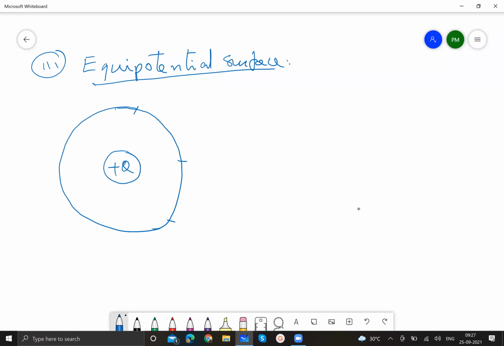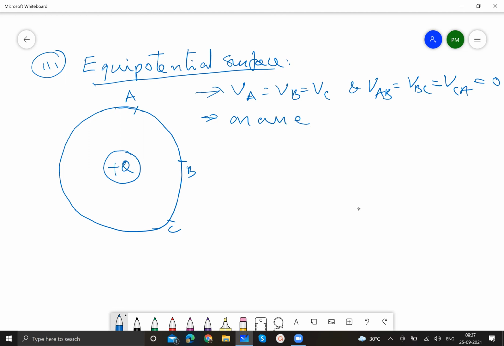So if you consider the points A, B, C on it, then the first and fundamental point is the electric potential at every point on this surface will be same, and potential difference across any pair of points will be zero, and on an equipotential surface, no need of doing any work.